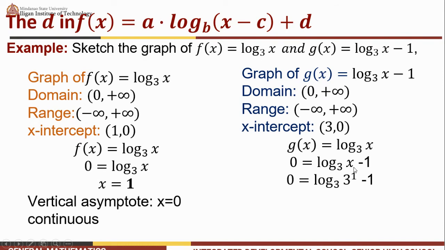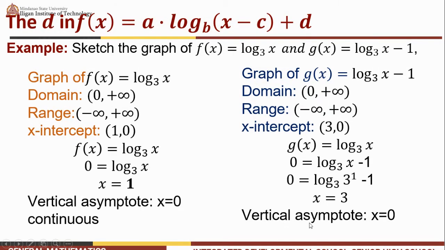So, the only value of x that will make this log equal to 1 is 3 to the power of 1. Because log with base 3 of 3 to the power of 1 is just equal to 1. So 1 minus 1, you'll have 0. Therefore, our x here equals 3 and our y here is 0.